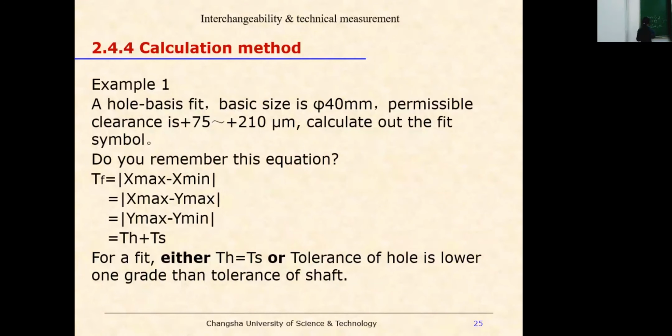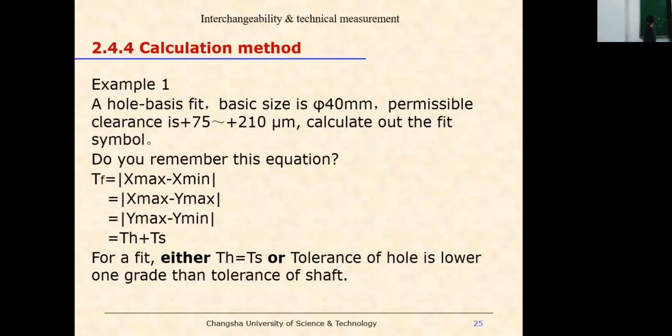So this one just equals the IT 8, right? For this, sorry, this TH IT is larger than 8, right? This one is IT equals 8, right? For the high pressure, the hole is lower than the shaft.